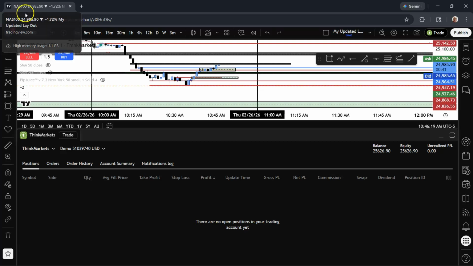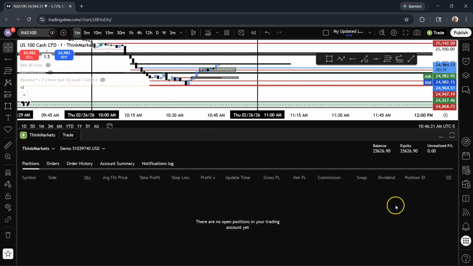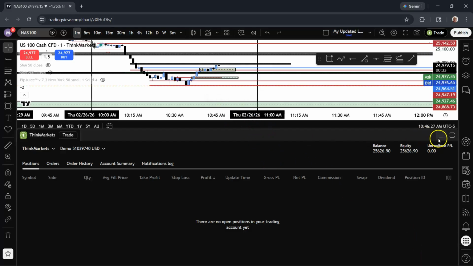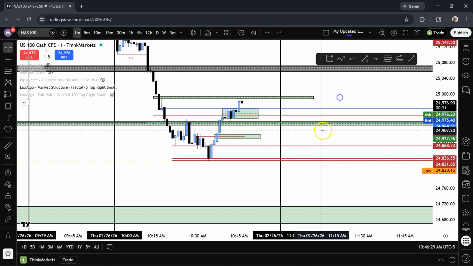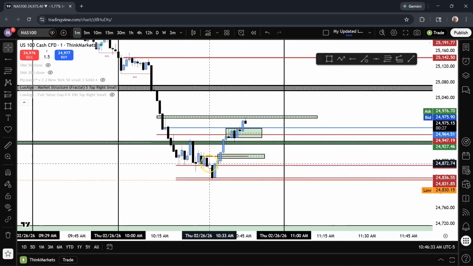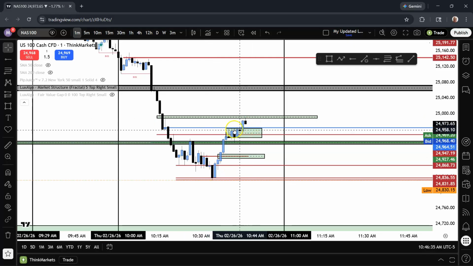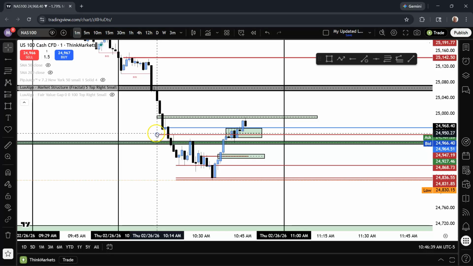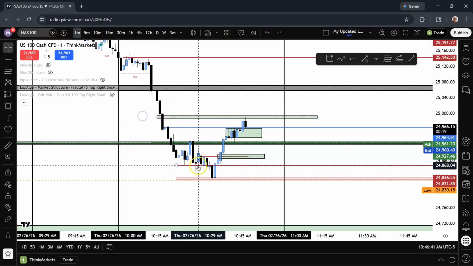Okay, so let's continue to monitor this, because it's not 11 o'clock yet. So we've got another 14 more minutes. So will there be another opportunity to get into a trade? Well, since we are now bullish and we broke structure above this blue line, there might be an opportunity to get back in.